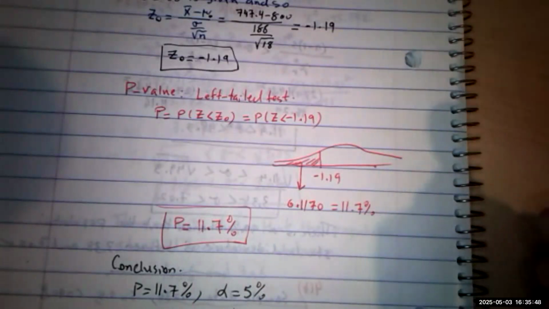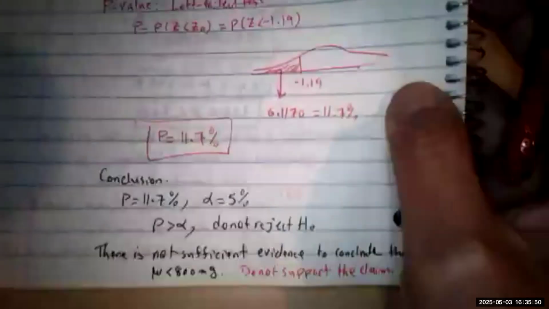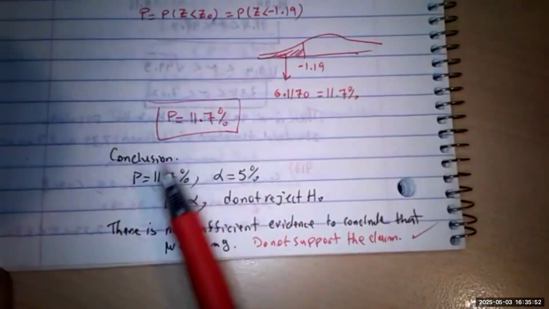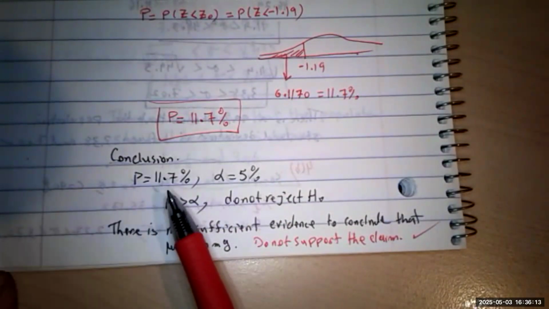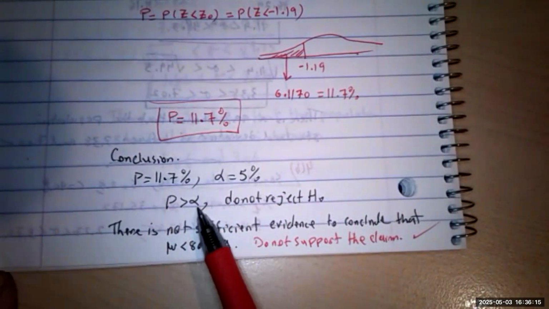Step 4, conclusion. What's going to be the conclusion? Remember at the beginning of the course, we set up 5%. We say anything less than 5% is not going to happen, if you like. But this alpha would be given to you. It may be 5%, maybe 1%, 2%, etc. So you compare your P number with the alpha.